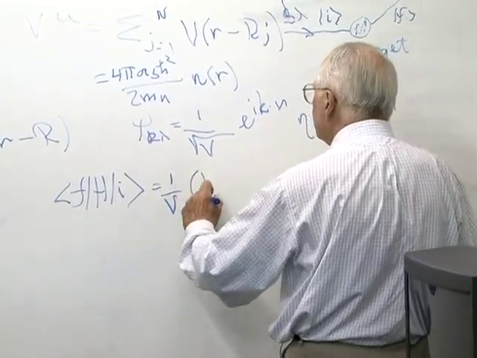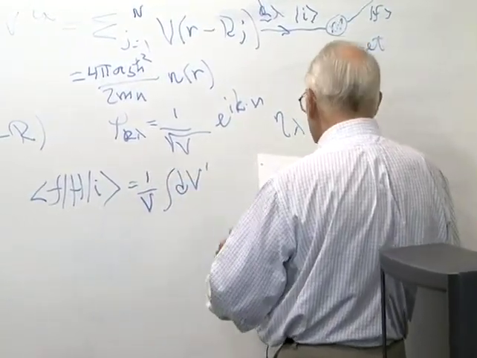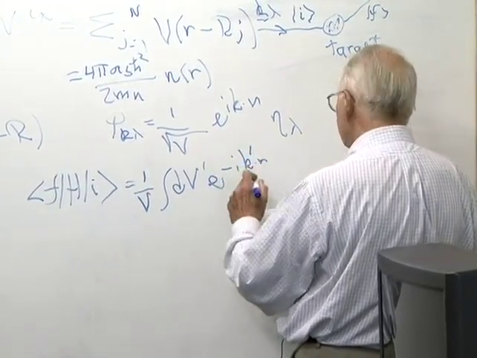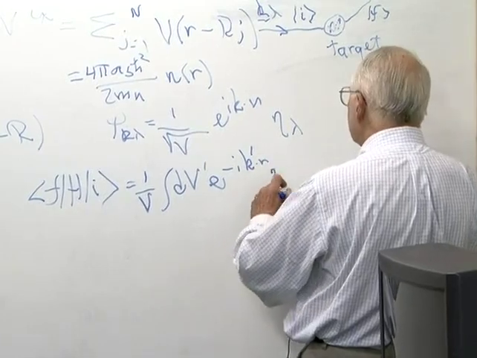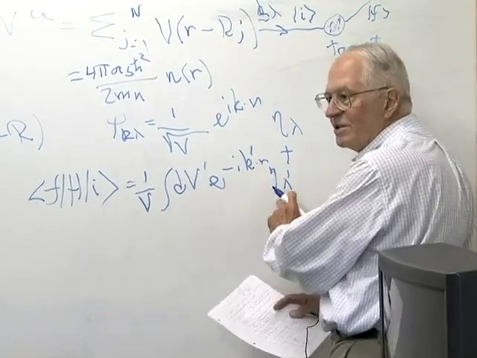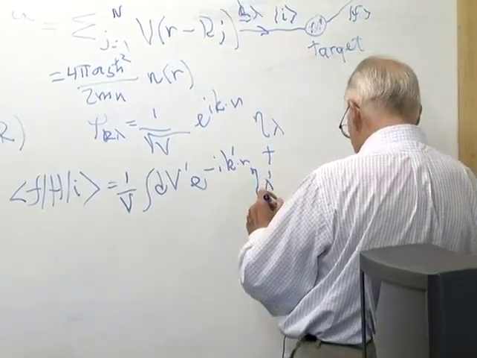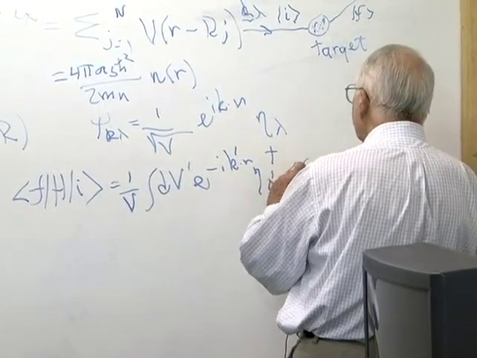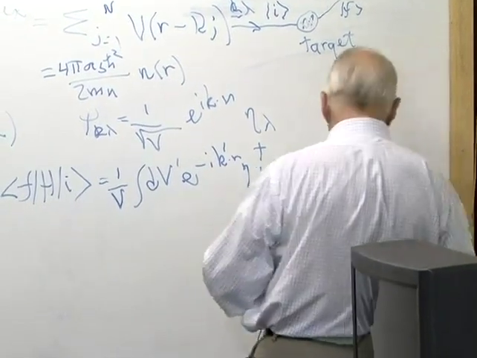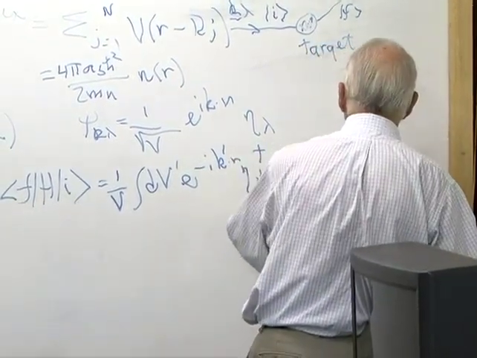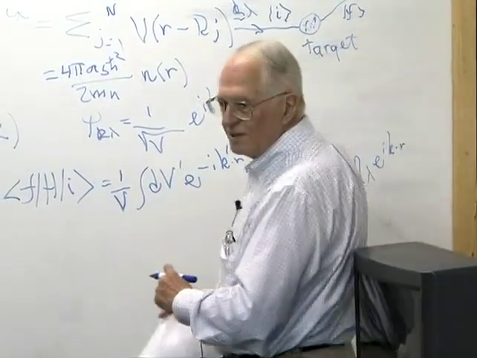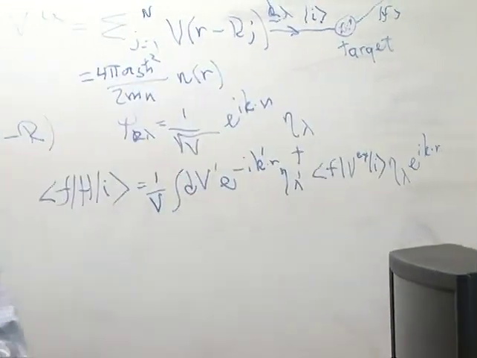You get an integral d v prime over the volume. You get e to the minus i k prime dot r. You get eta lambda prime adjoint. This is the final neutron spinor. You get F V external I. And then you get the neutron state here, eta lambda e to the i k dot r. Can you all see that? Is this in the way? I'll try to be careful.